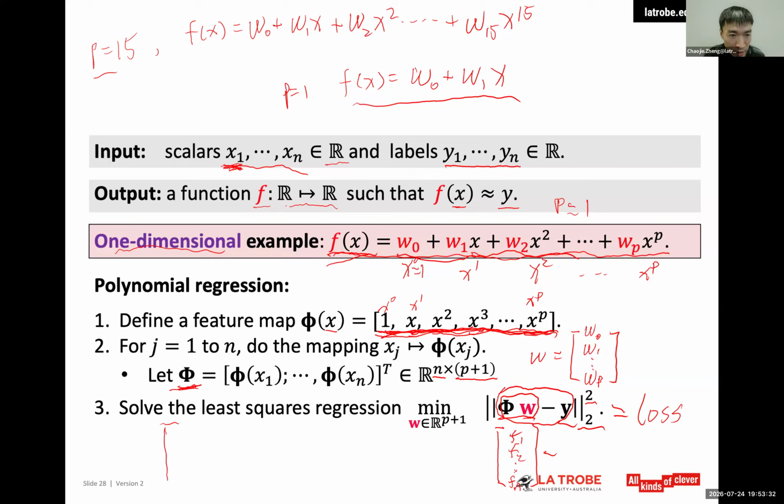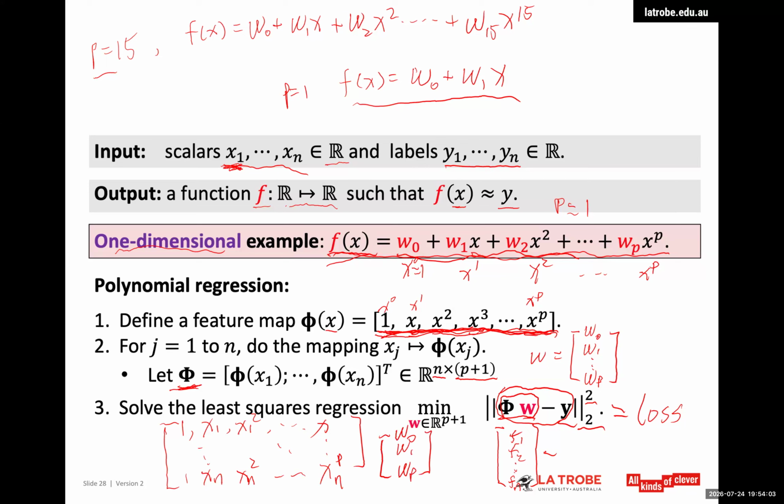So finally we will have 1, x1, x1 squared. I got that, I just misread it. And this is xn squared and xn to the p, like that. So we want to construct this phi matrix and multiply the weight vector. Thank you, doctor. I misread something. That's why I got confused.